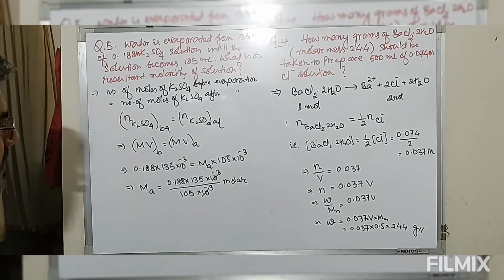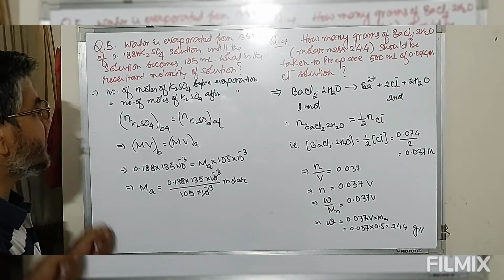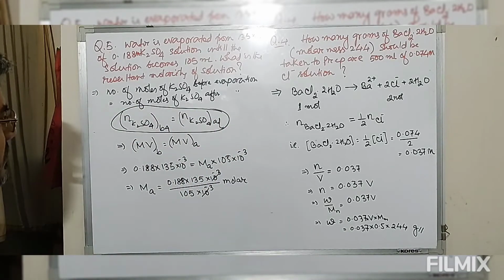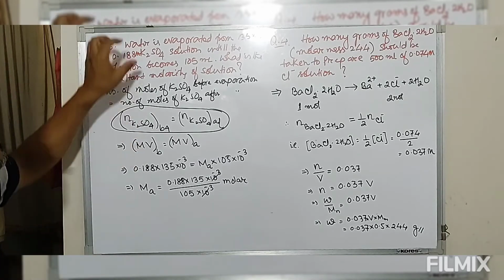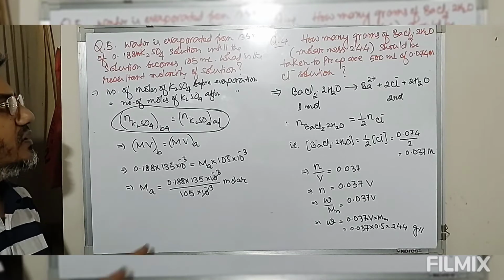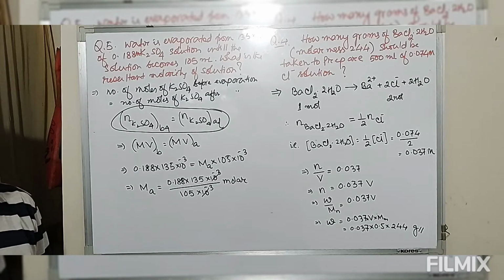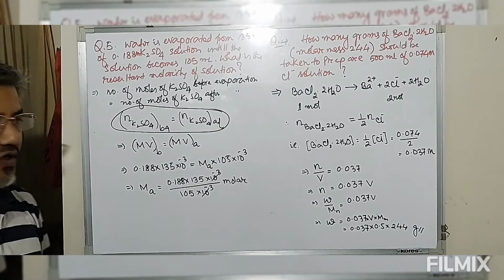Obviously this value should be greater than 0.188. So simply we are saying, number of moles before evaporation and number of moles after evaporation should be the same, because only the quantity of the solvent water changes without changing the quantity of the solid potassium sulfate. So we are using M1V1 equals M2V2 that we use in the molarity discussion.